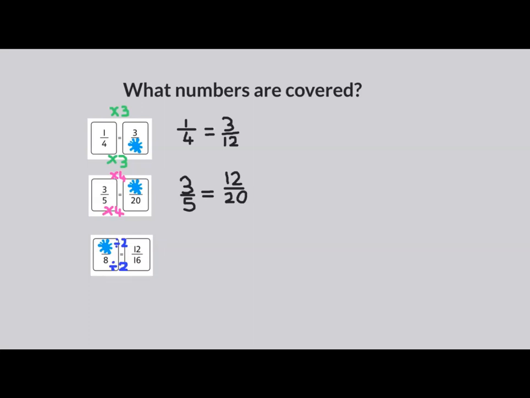Well, 8 is half of 16, so 16 has been divided by 2. If the denominator has been divided by 2, you know what we've got to do to the numerator. Yep, we've got to divide it by 2. So 12 divided by 2 will give us a numerator of 6.